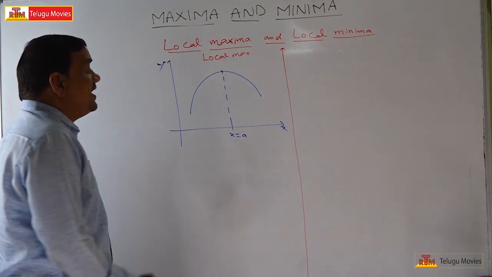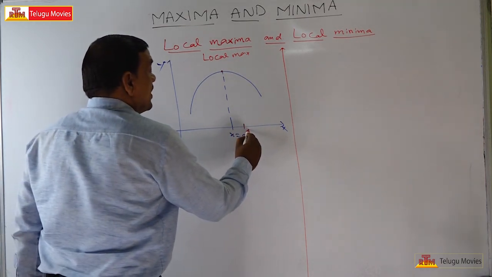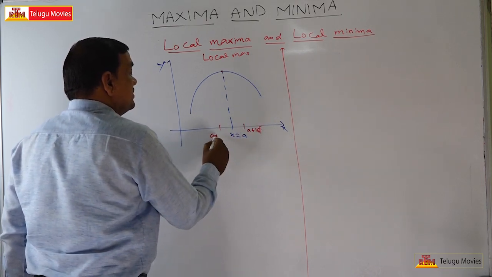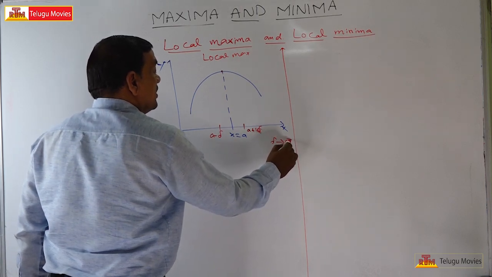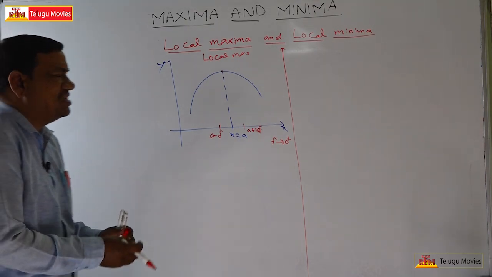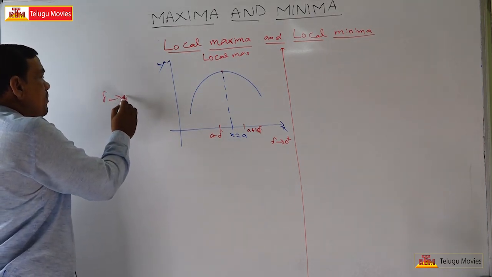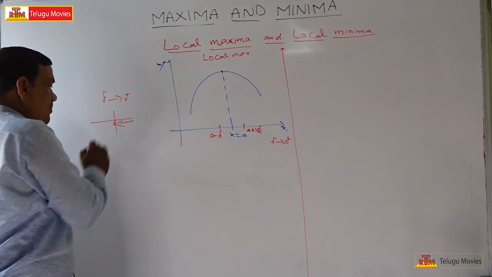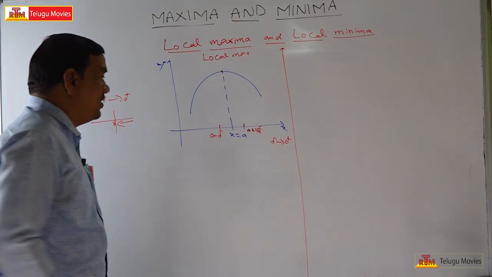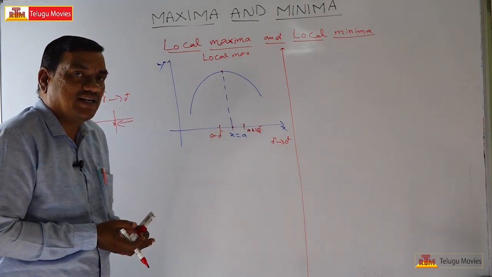For that, in the neighborhood of a, let us take any two points: a plus delta and a minus delta, where delta approaches positive 0. That means delta is a very small value, so these two points are just side by side of x is equal to a.